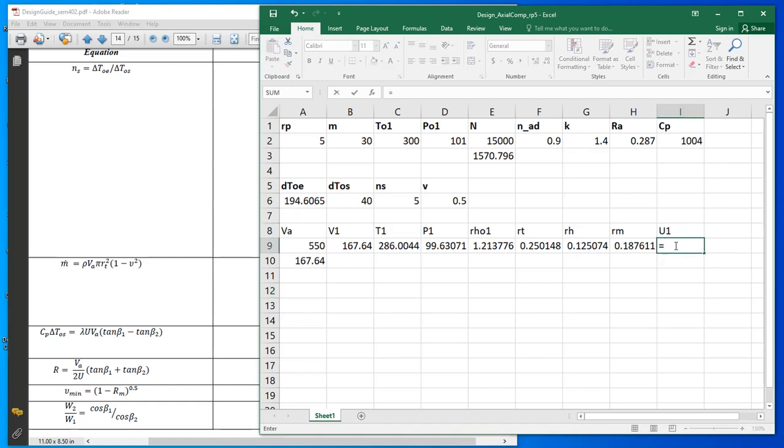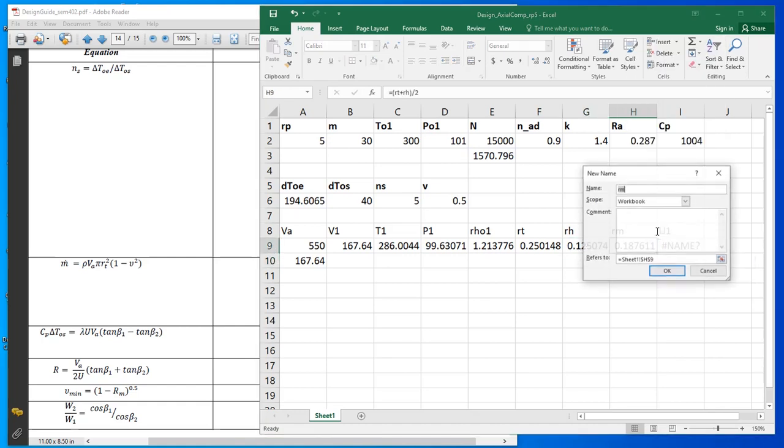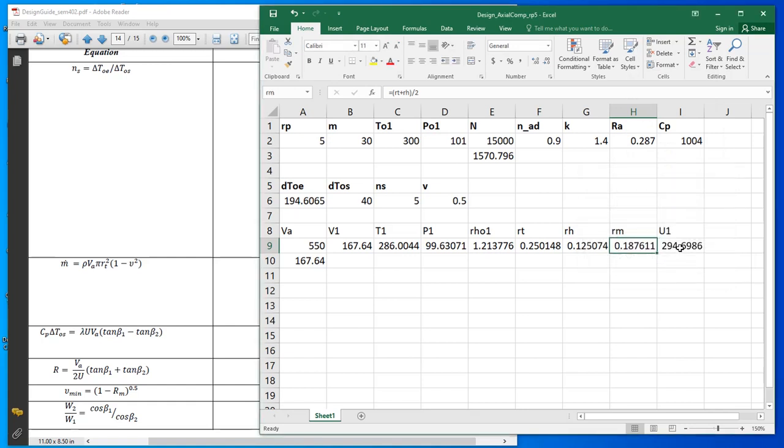It is equal to omega into R mean. Once again we have not defined our R mean, so here is our R mean. Once you define that, you will get a value. So 294.69 approximately meter per second.